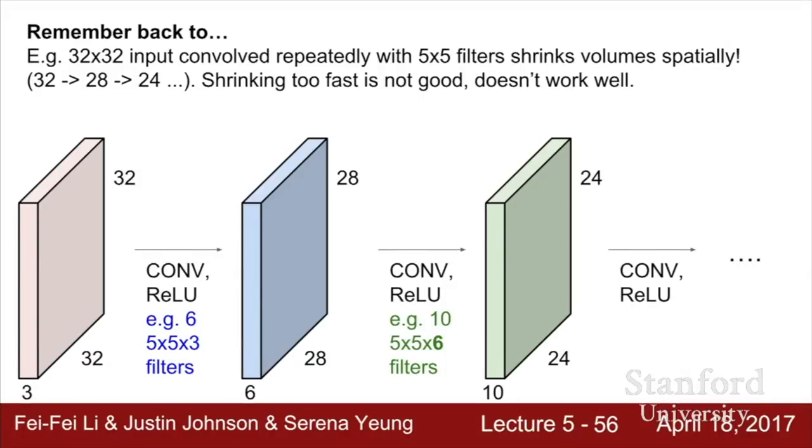Again, the motivation for doing this type of zero padding and trying to maintain the input size: we alluded to this before, but if you have multiple of these layers stacked together, and we don't do any kind of padding, we're going to really quickly shrink the size of the outputs that we have. This is not something that we want.